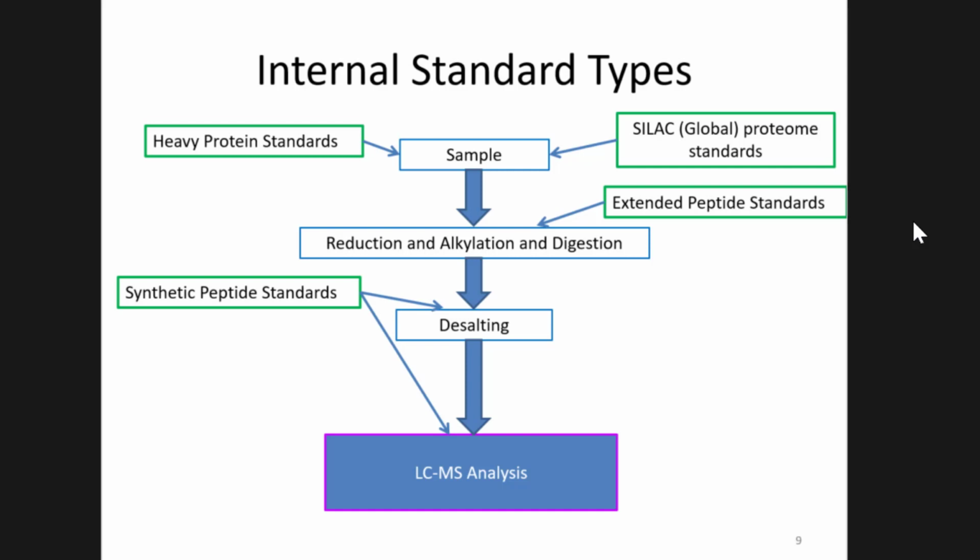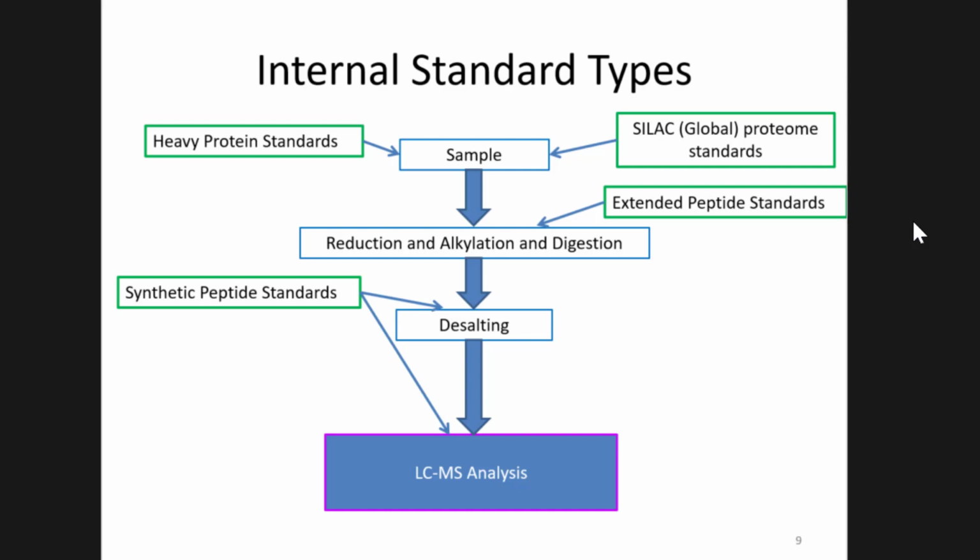You spike trypsin in, and then trypsin's going to cleave it down to its fully tryptic sequence, much like your analyte. And the idea is to mimic the digestion efficiency of the light peptide that's coming from the endogenous protein. I have some examples of working with that, and they're not very straightforward, and you often have to do a lot of characterization of your standard. So just a word of caution.